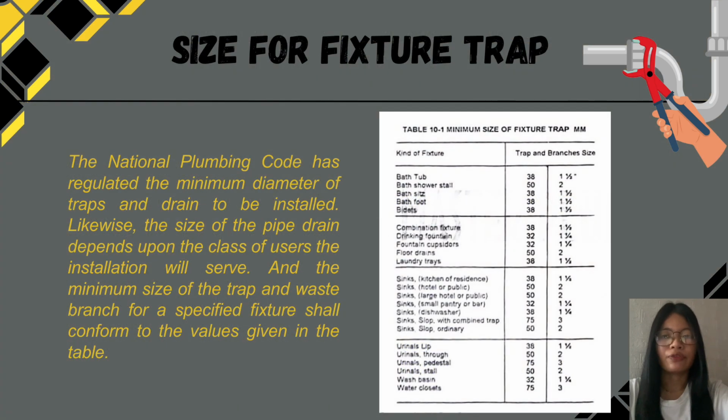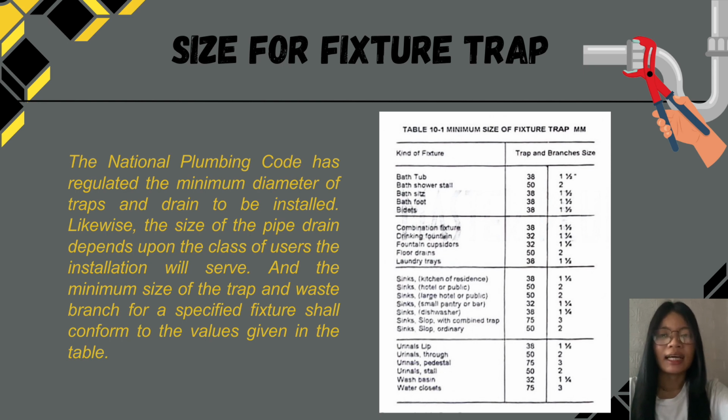Next is the size for fixture traps. According to the National Plumbing Code, which has regulated the minimum diameter of traps and drains to be installed, the size of pipe drains depends upon the class of user the installation will serve, and the minimum size of trap and waste branch for a specified fixture shall conform to the values given in the table.